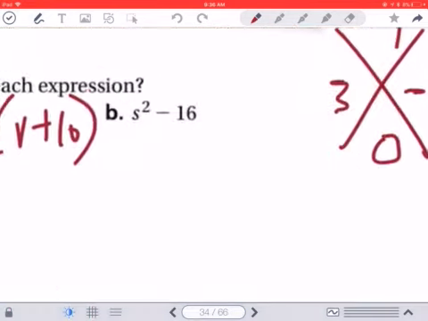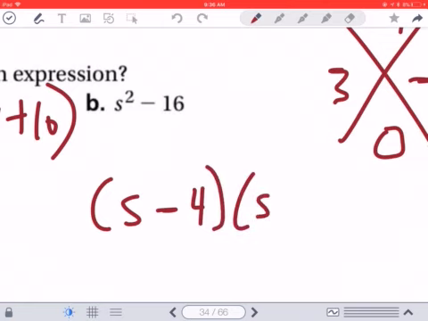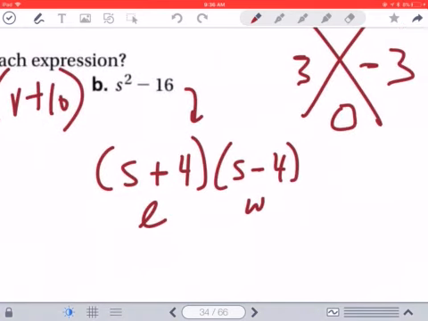All right, s squared minus 16. Well, the square root of 16 is 4. So if you want to take a shortcut, it's s plus 4, s minus 4. Those are the length and the width, the dimensions. Let me explain this.